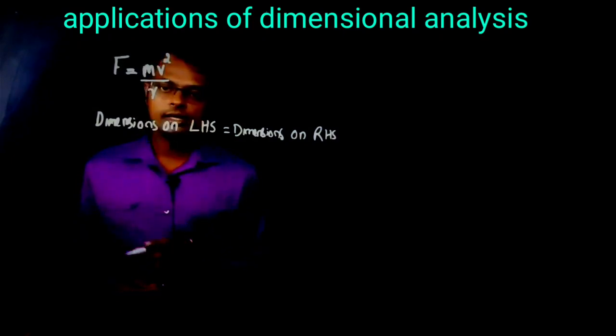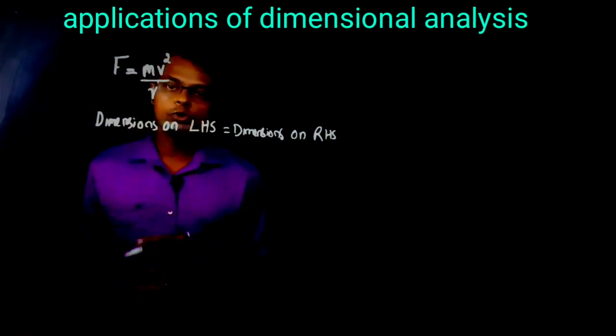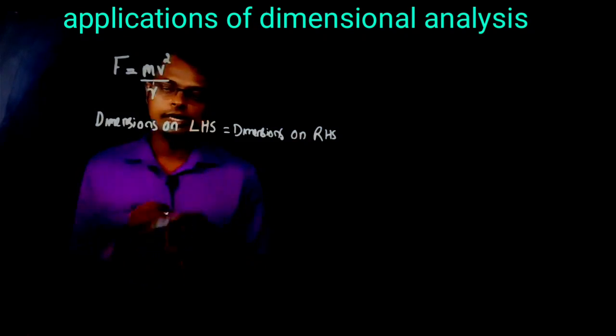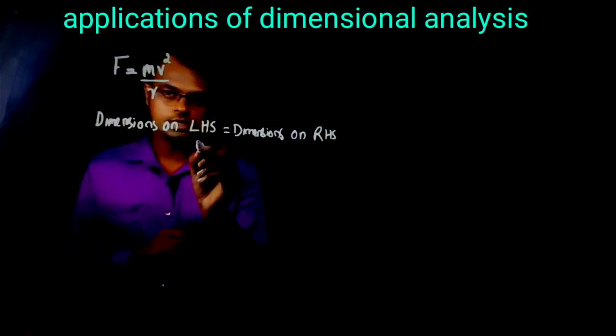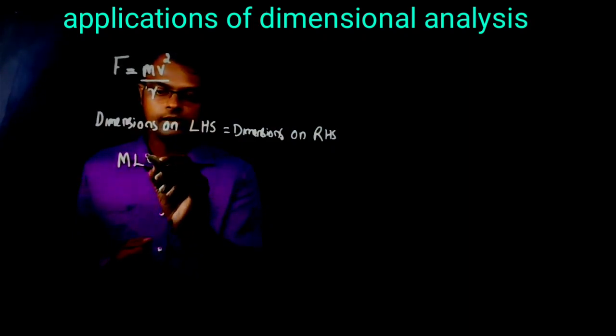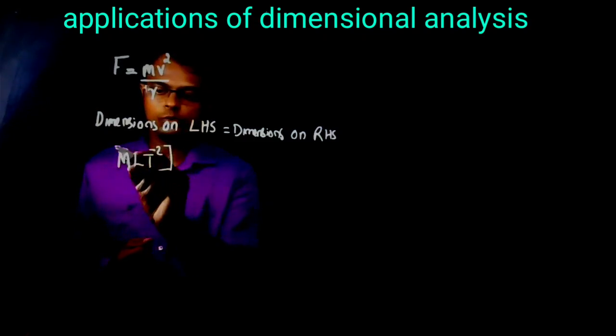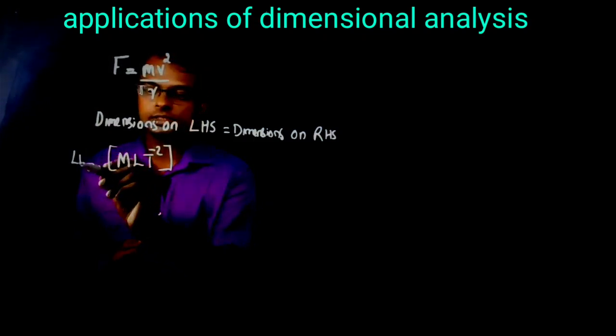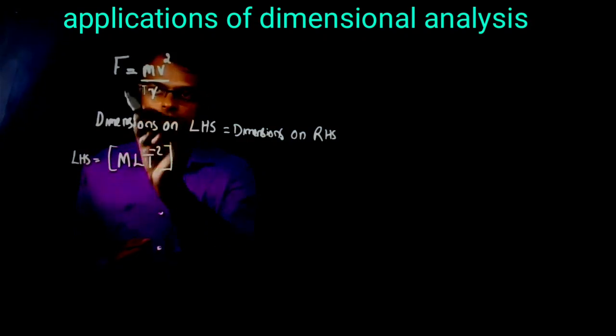What does LHS mean? Talking about the force, what is the dimension of force? Force is equal to mass into acceleration. We already discussed that one. LHS dimension is M L T to the power minus 2. So we have proved LHS is mass into acceleration, force.